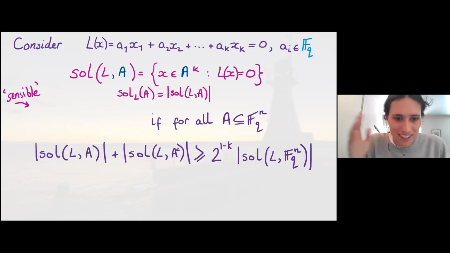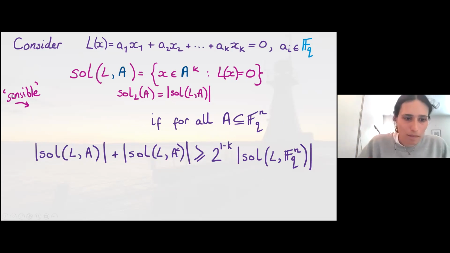I don't really want to go into the details there, but essentially for any equation or system of equations that might be interesting, your definition basically becomes: the number of red solutions plus the number of blue solutions is going to be at least 2^(1-k), where k is the number of variables in your equation or system of equations, the solutions in F_q^n.